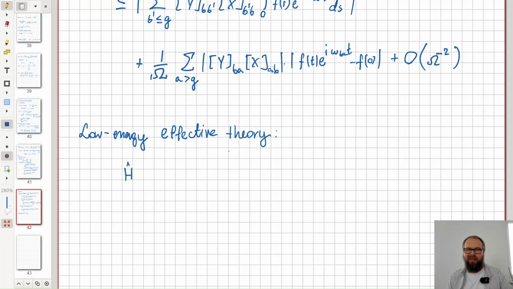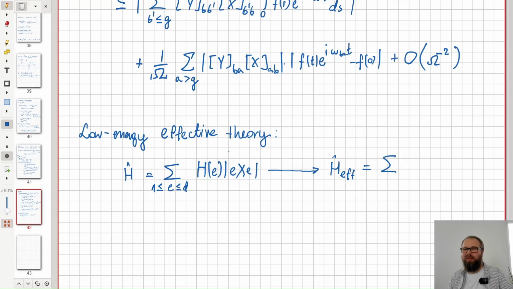You have your original Hamiltonian that has energy levels of a d-dimensional system, and you replace it with an effective Hamiltonian for a system of smaller dimension.